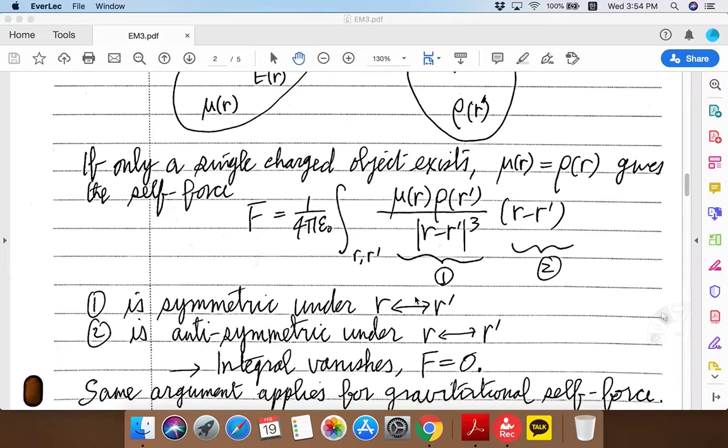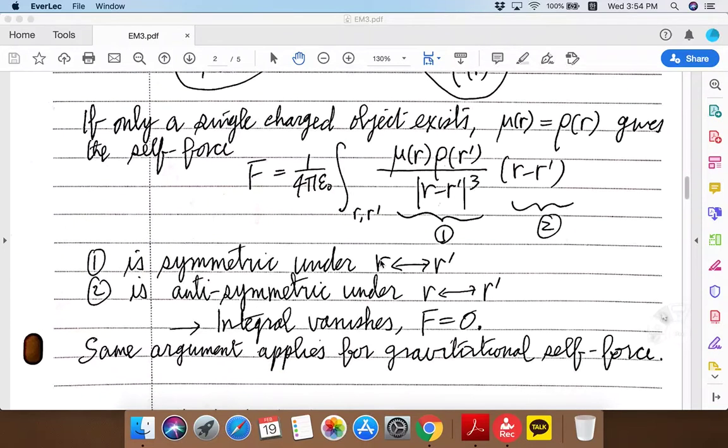So this is a symmetric portion of the integral. However, there's an anti-symmetric portion, which is r minus r prime, which obviously changes sign under the interchange of the two particle labels. So if you have one symmetric function and one anti-symmetric function and you integrate over both coordinates, the result is, by symmetry, always zero.